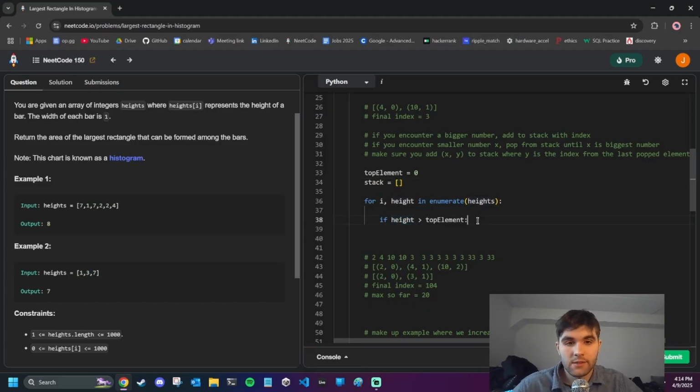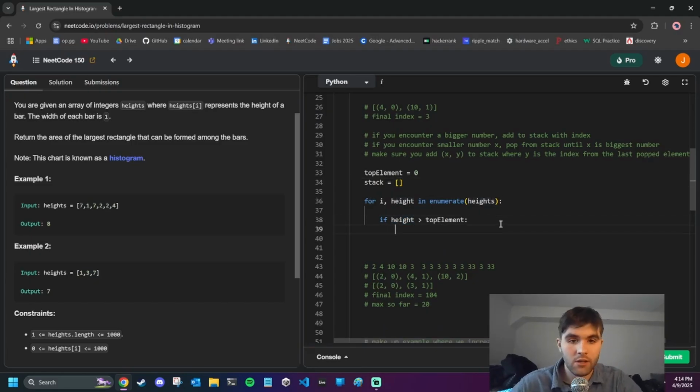So if the height is greater than the top element, then we do stack.append the tuple height and i. So I'm doing the height and then the index.